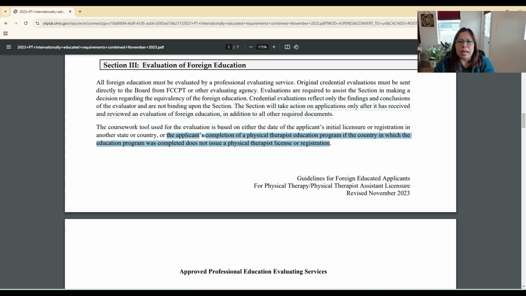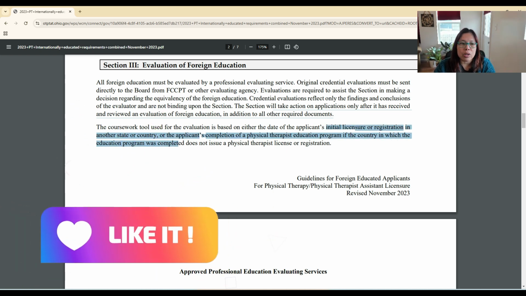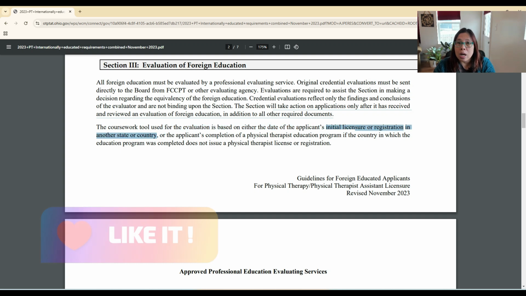Okay, so it means they're going to do a retro evaluation. So it's either based on when you finished your physical therapy education program, if your country is not issuing a PT license, or based on the initial licensure or registration in another state or country.